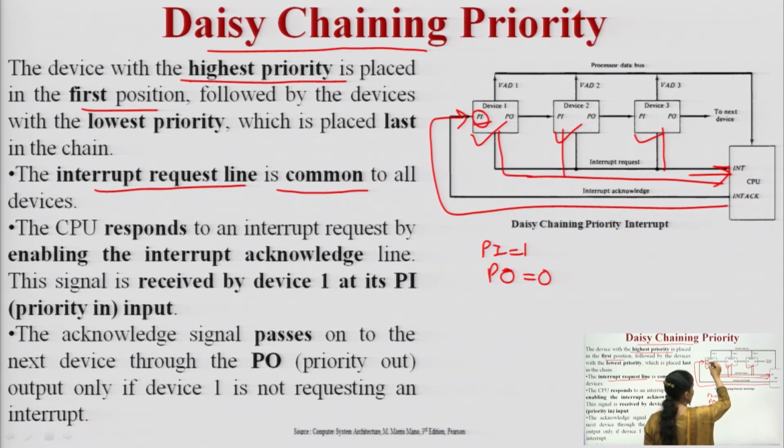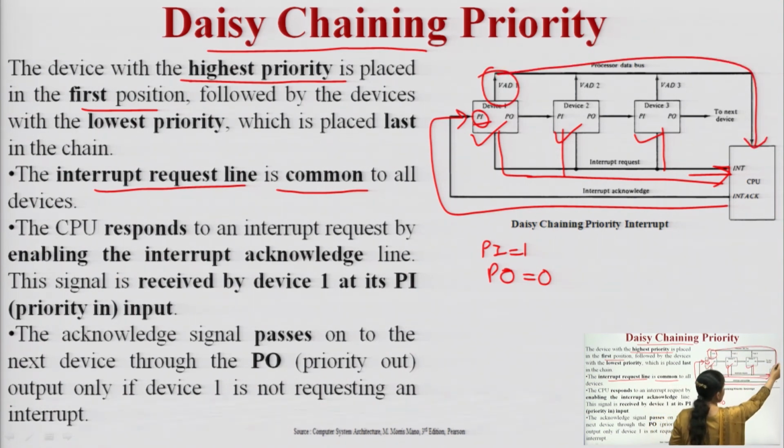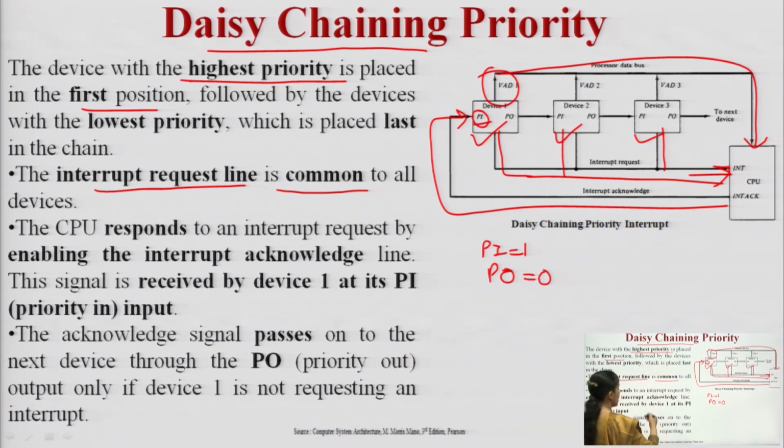When it has PI as 1 and PO as 0, it will place its vector address on this bus and place the data on this bus, and in this manner the communication takes place. The advantage of this is that all the devices get the CPU as per their priority.